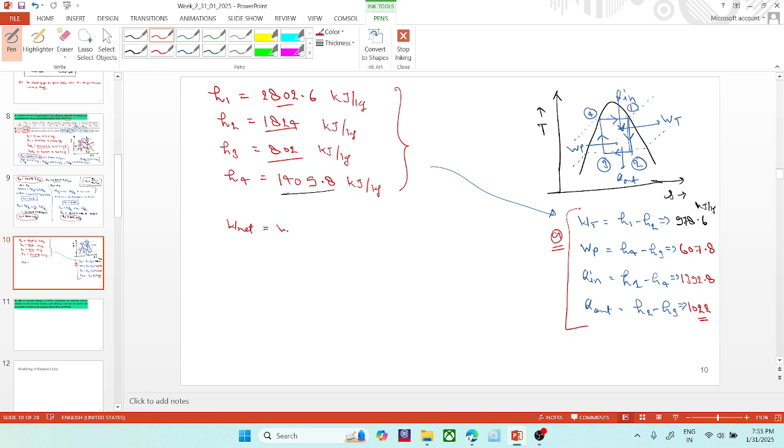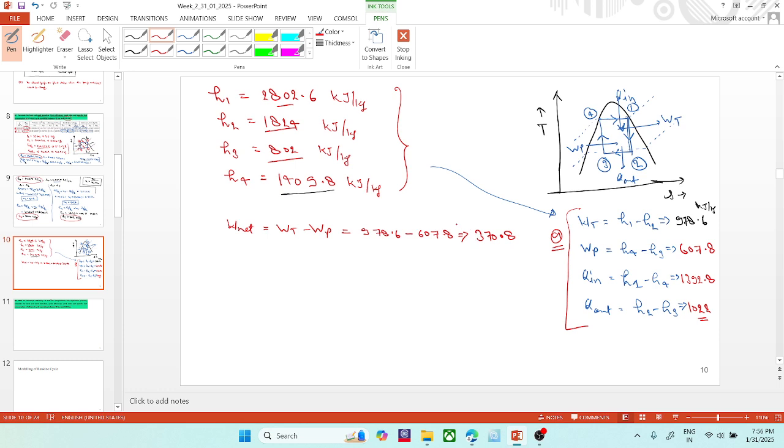W net equals WT minus WP, and it would be 978.6 minus 607.8. Its value is coming around 370.8.